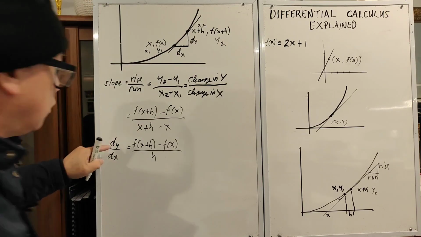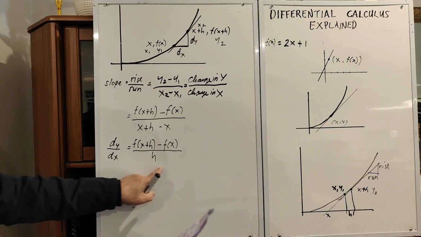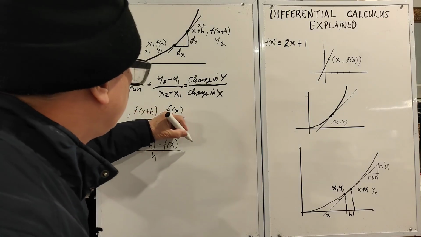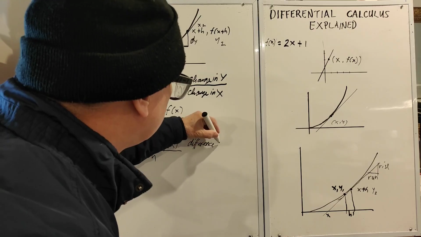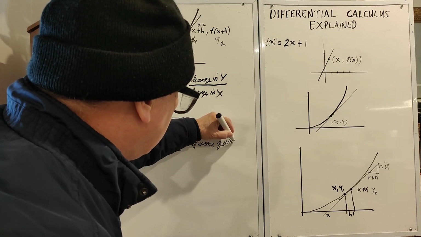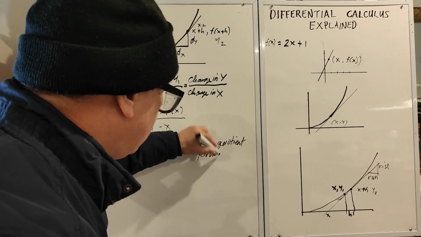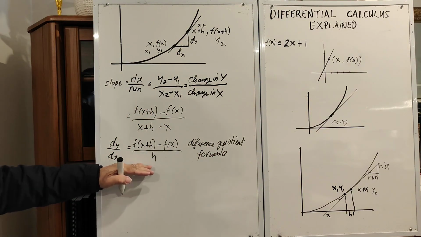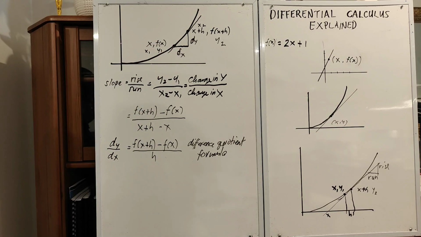This is the slope, very, very small, that's why there's a d. So this is now called the difference quotient formula. We can now use this formula to solve for the slope of any curve.